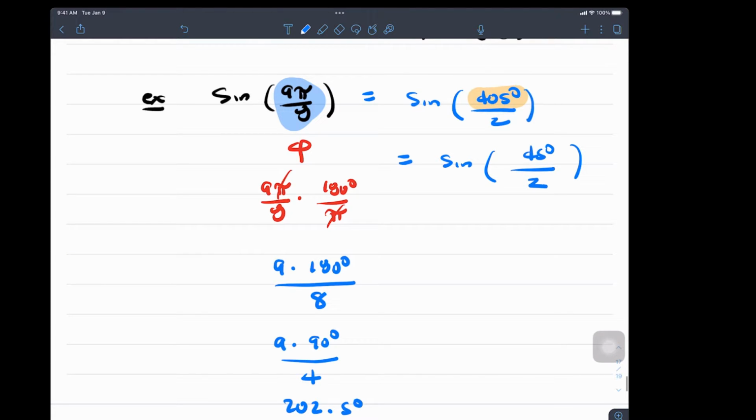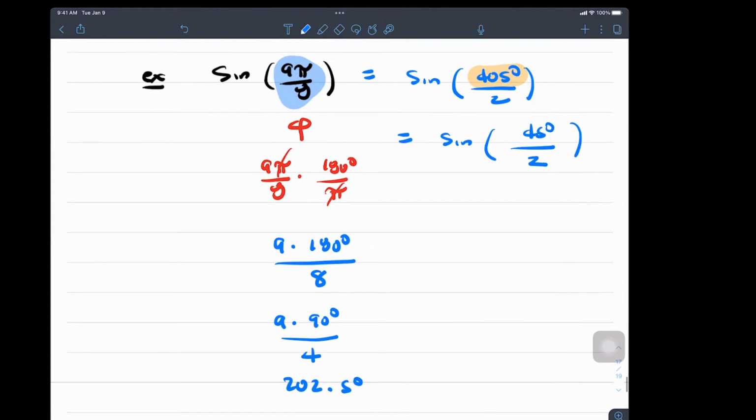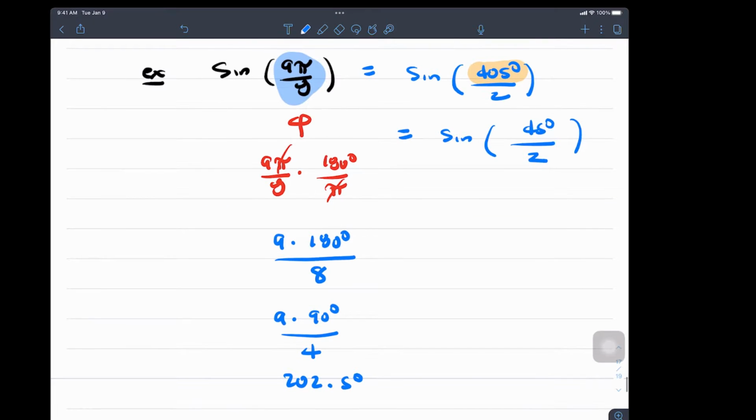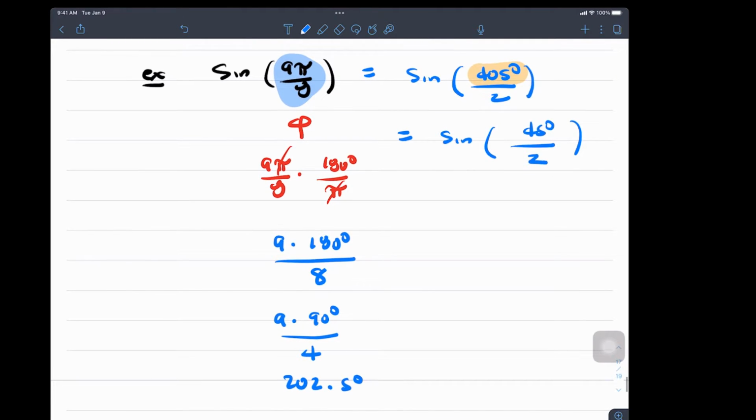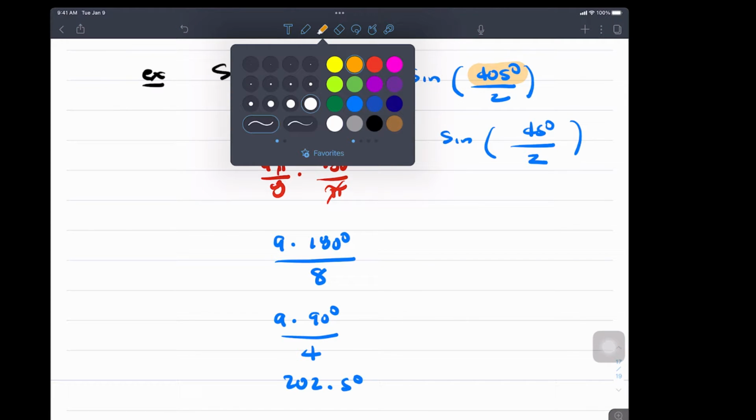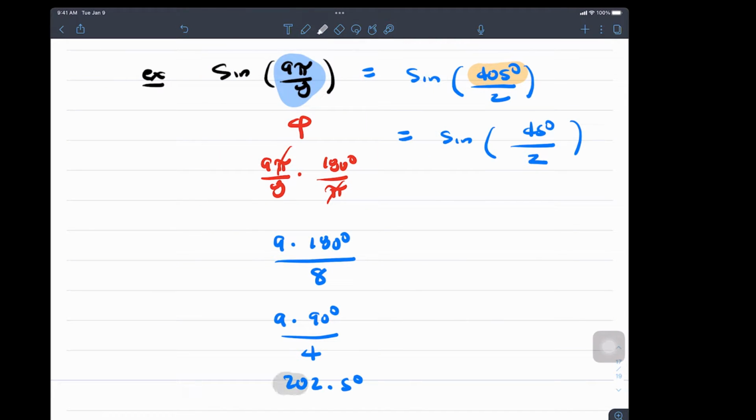Is that true? Yeah, that's what we're looking at here. So this is 202.5 degrees, right? Which is 405 degrees over 2. So this angle here is, well, what color is that? We're going to keep it in blue.